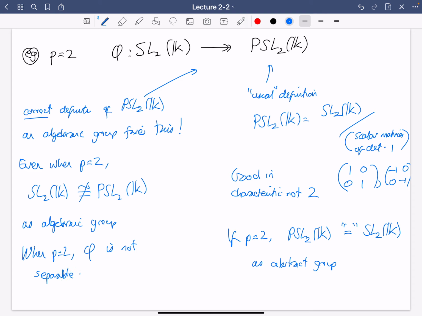And so that's why the naive abstract group theory definition of PSL2 of K as SL2 factored out by the scalar matrices is the wrong definition in characteristic 2. It doesn't give you the correct affine variety structure on PSL2 of K. Okay, so I really don't think I said enough to make any of that make good sense, but fair enough.